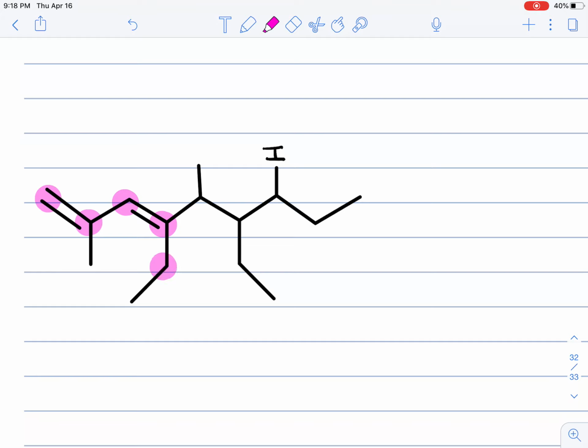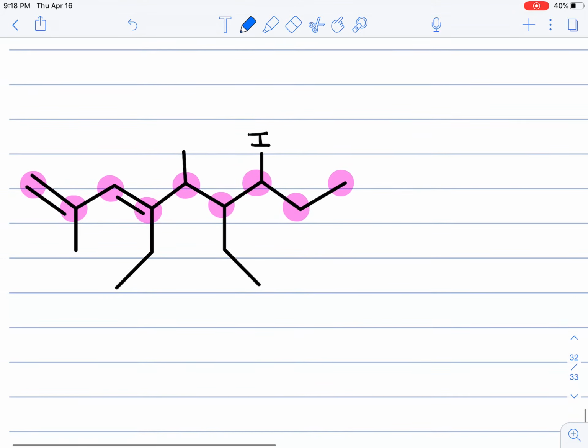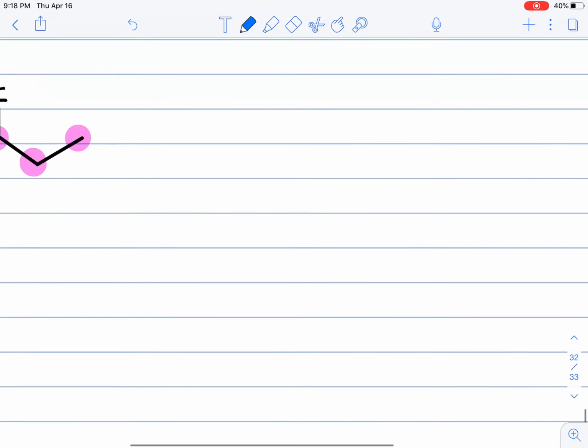So 6 is less than 9. That can't be it. 1, 2, 3, 4, 5, 6, 7, 8. So 8 is less than 9. And so visually speaking, this is probably like the longest consecutive carbon chain that contains all of the double bonds that's present in this molecule. And so we have another 9 carbon compound.